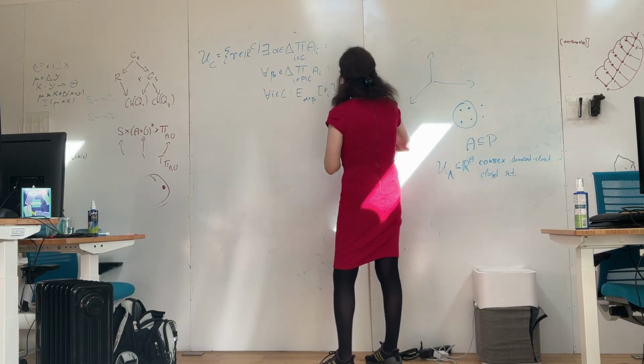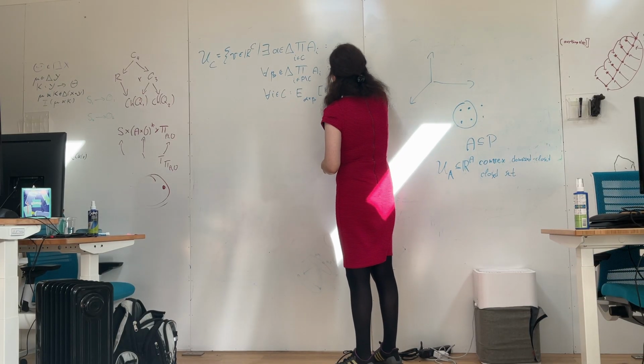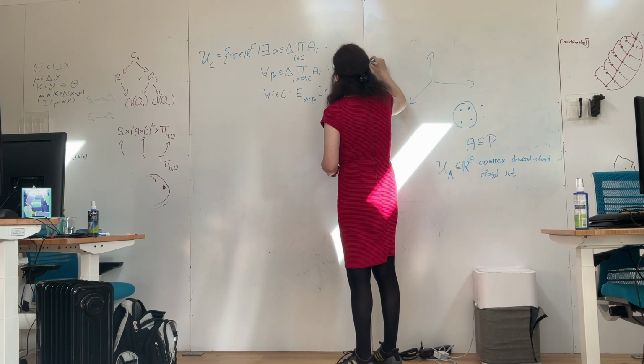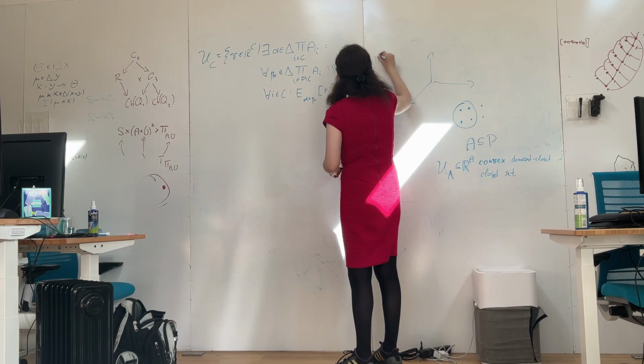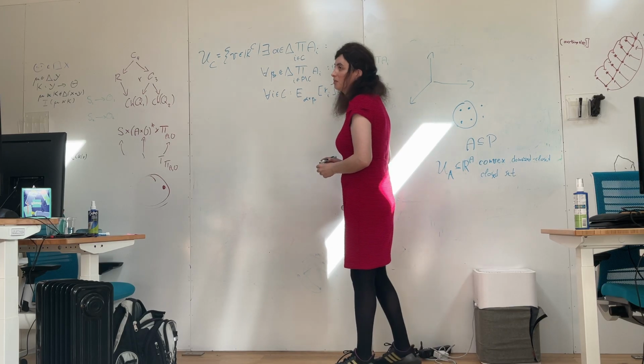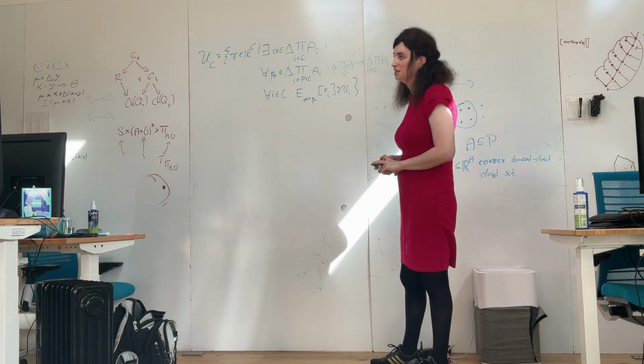Instead, we could have an alternative version where we let beta be a kernel from this to a distribution over C. Because the version of the definition works like this.